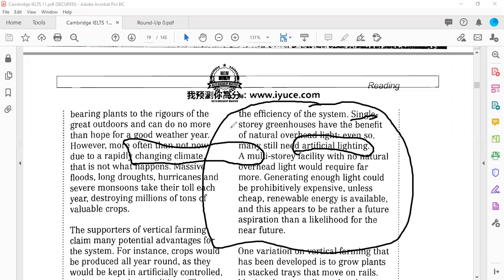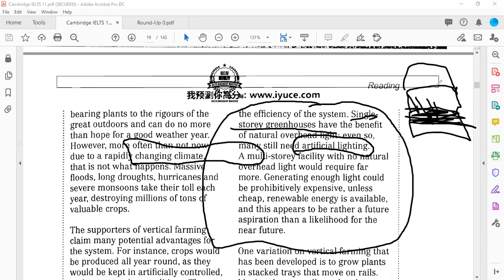Single story greenhouses, which means it's 1 floor. There's the building. They get the sun from the top. That single story they can do with overhead lighting. But if we put more floors on top, the sun will only cover here. It will not get in here. So we need to put artificial lights.